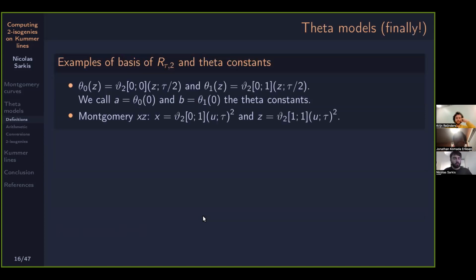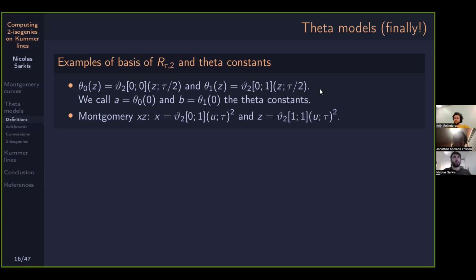For an example of coordinates on what we call theta models, the basis I will be using is theta 0 and theta 1, which are just theta functions with specific characteristics. We call A and B the values at the null point, called the theta constants.